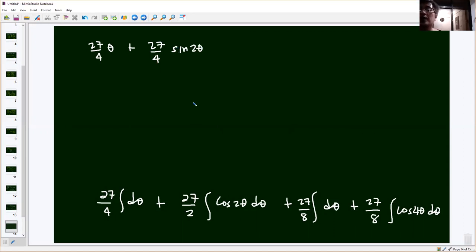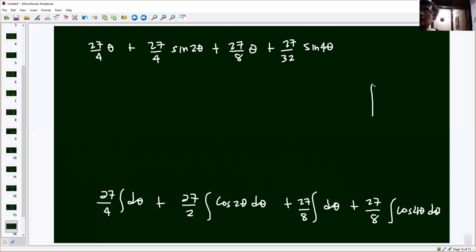Naging over 4 na yan kasi over 2 to. Plus 27 over 8 theta. Plus, this is sine 4 theta over 4. That's 27 over 32 sine 4 theta. Wala nang d theta. So, yun ang integral.